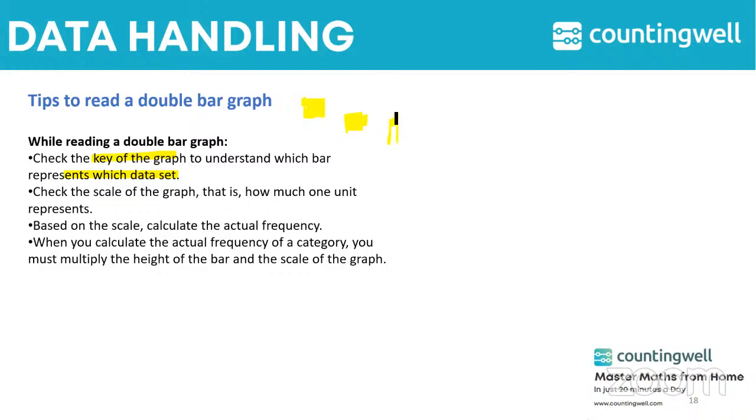So when we have two bars like this, one shaded lightly, one shaded with dark color, you have to carefully observe the key of the graph and scale of the graph, that is how much one unit represents. Correct?